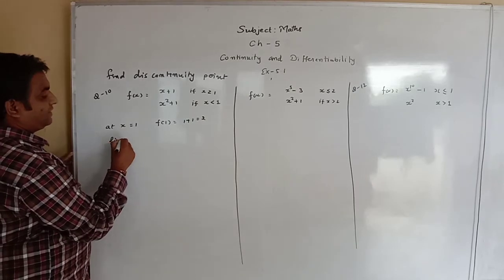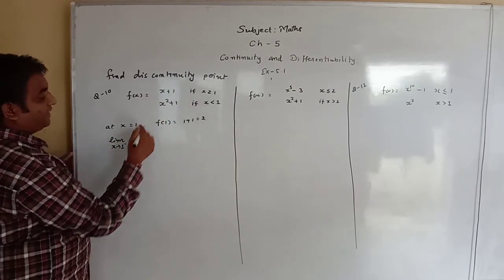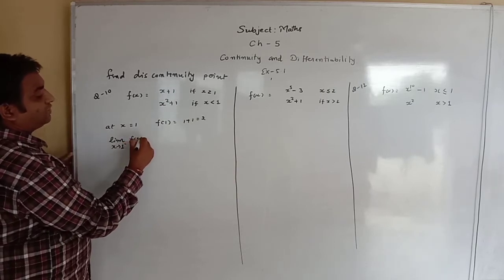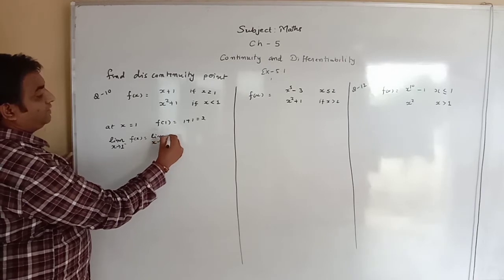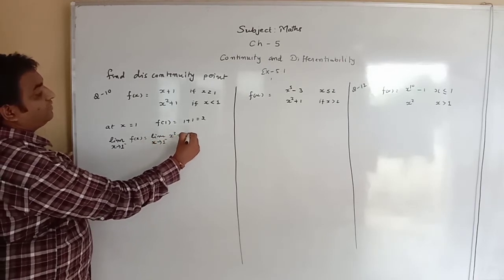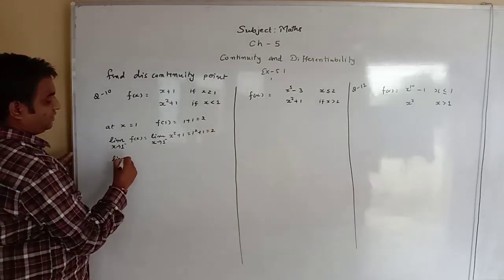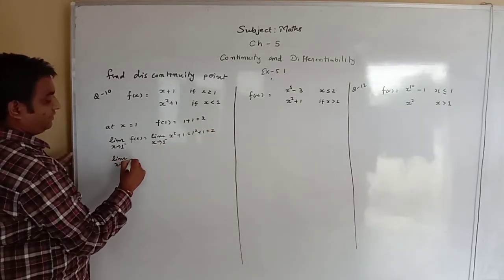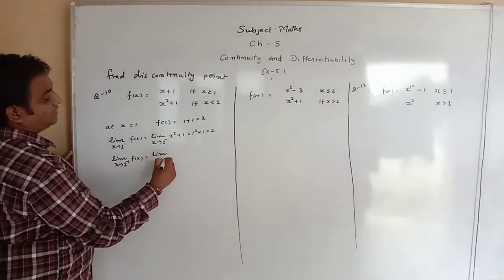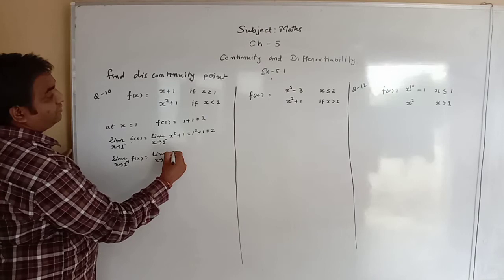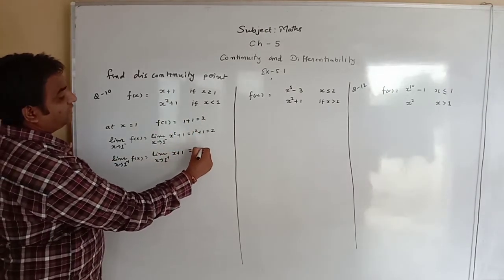Now we take the limit as x tends to 1 minus. For less than 1 it is given x square + 1, so the limit as x tends to 1 minus of x square + 1 is 1 square + 1, which is 2. And the limit as x tends to 1 plus, for 1 plus it is given x + 1, so 1 + 1 equals 2.